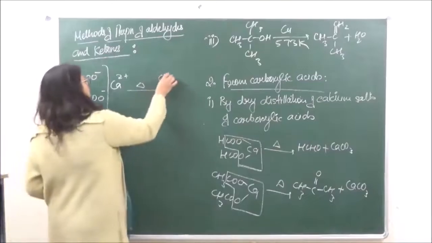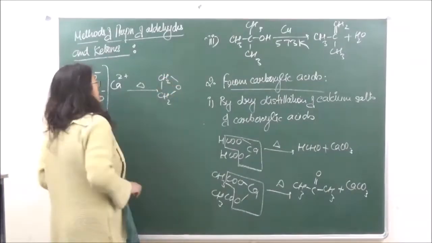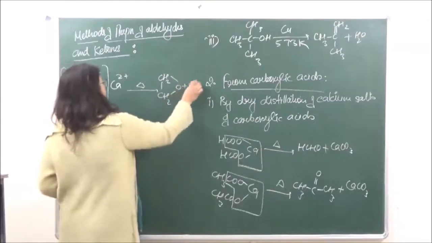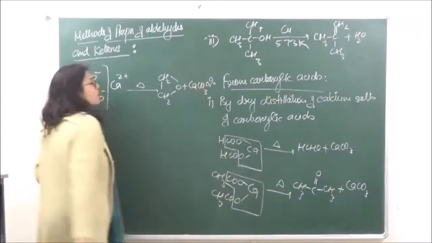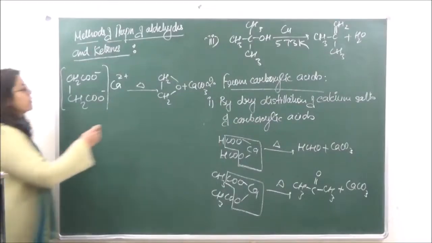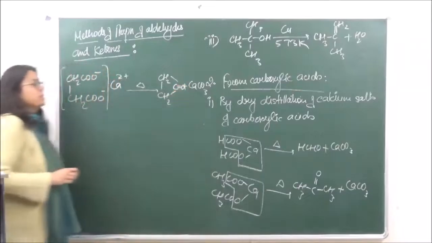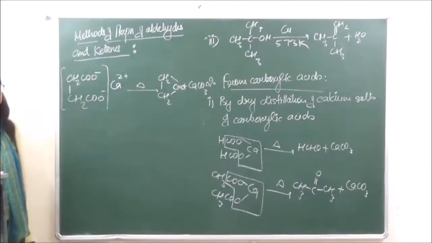So we have over here CH2, plus calcium carbonate. Okay, so this is going to be the reaction over here. We are going to get, sorry, यहाँ पे C double bond O. We are going to get a cyclic ketone over here.